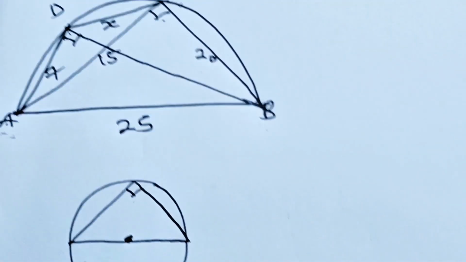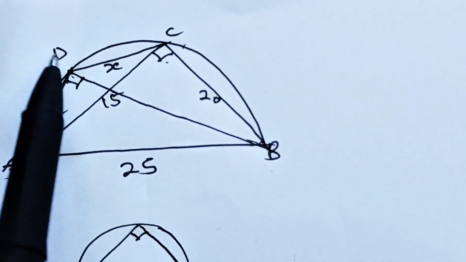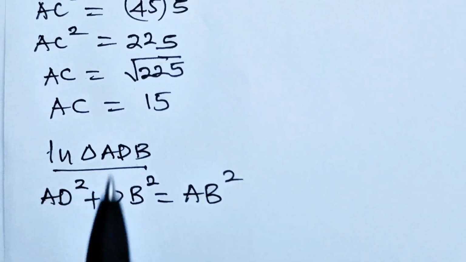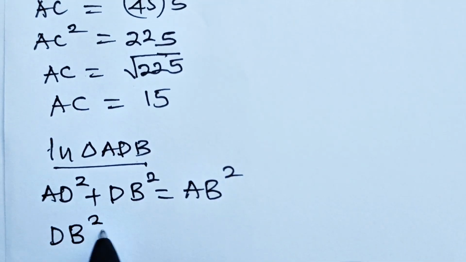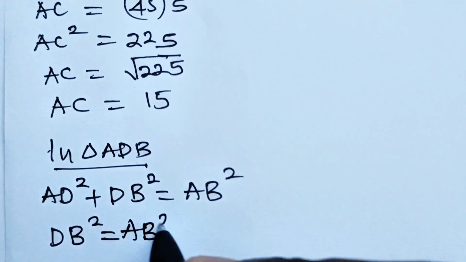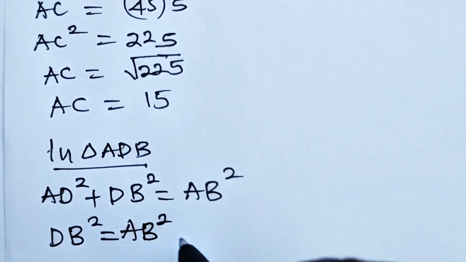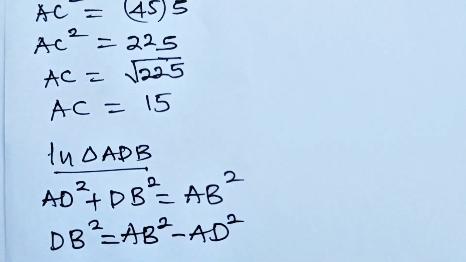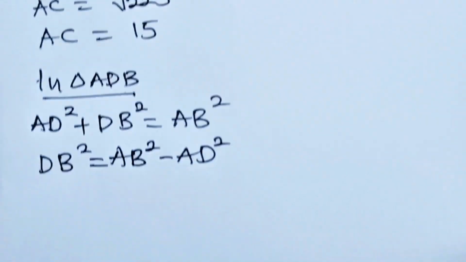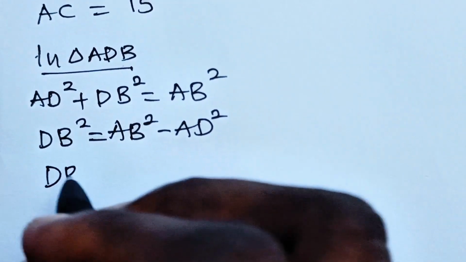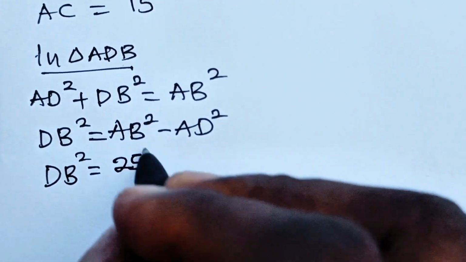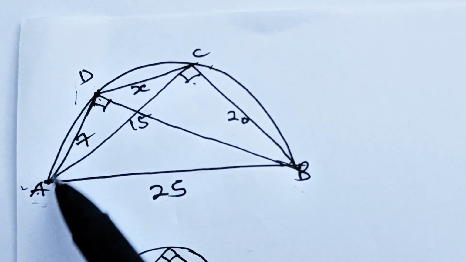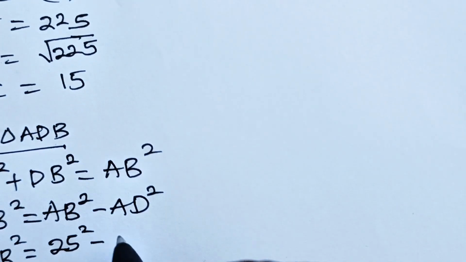So we are looking for the value of DB, okay? So let's make DB the subject of the formula. That means DB squared is equal to AB squared, and this will cross to become minus AD squared. So DB squared will be equal to, AB is 25, so we have 25 squared, and AD is 7, so minus 7 squared.